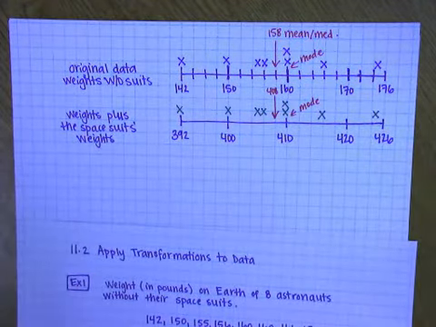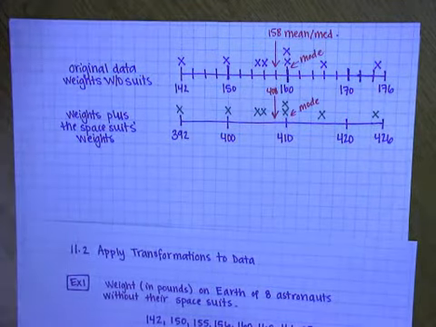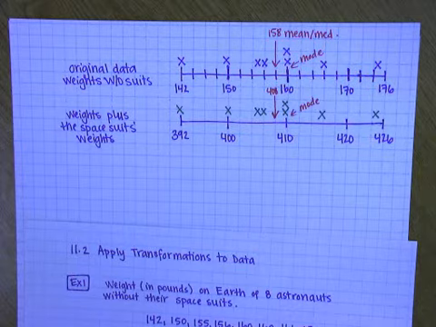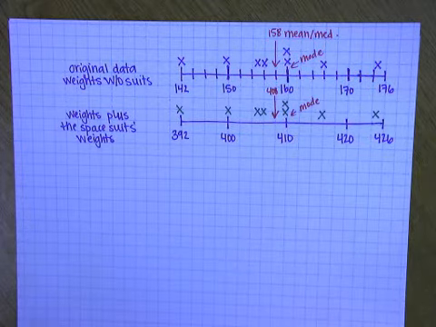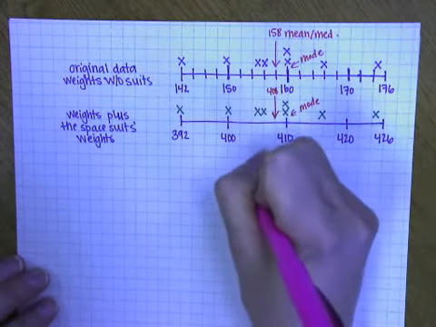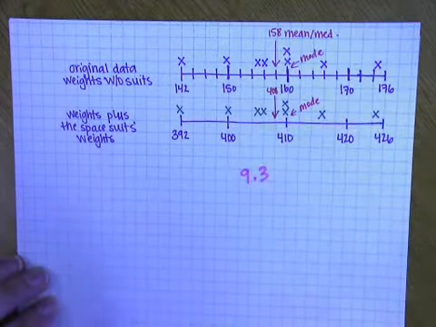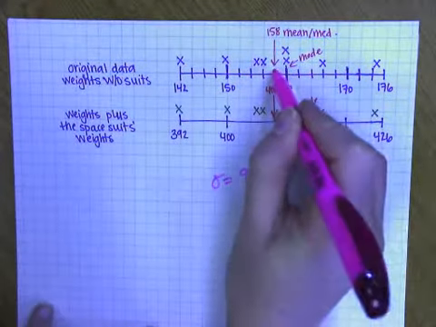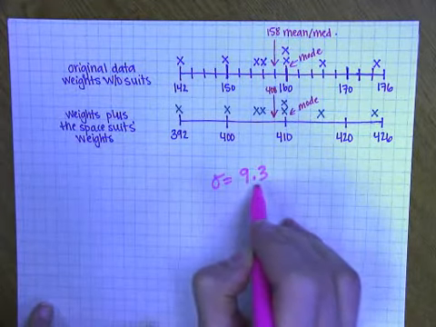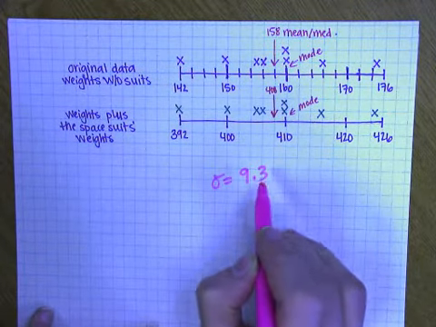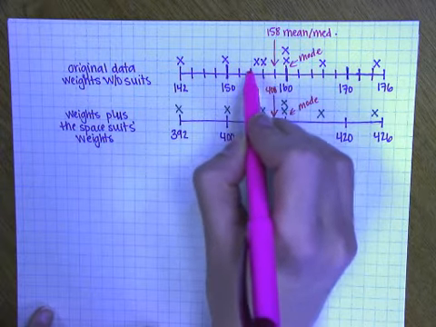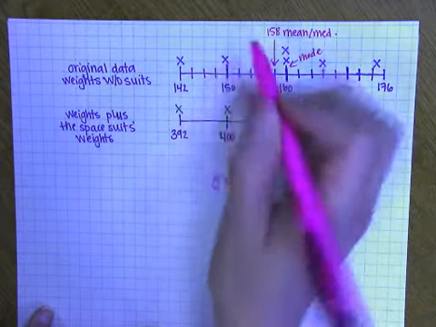And then last but not least, recall that the standard deviation tells us how closely together the data points are clumped around the mean. In this case, our standard deviation for both data sets was 9.3. That was our sigma. And so if you go from the mean, from the middle, and you go about 9 units, a little bit more than 9 units in each direction. So let's see, each one of these are 2s. So 2, 4, 6, 8, 10.